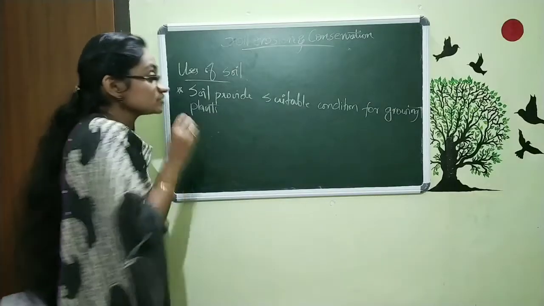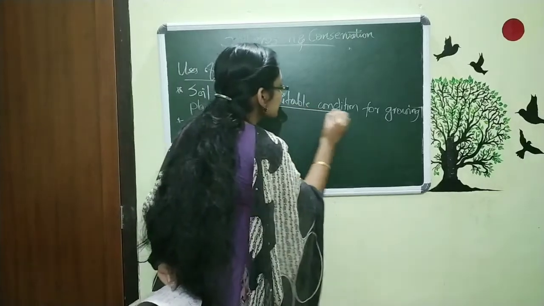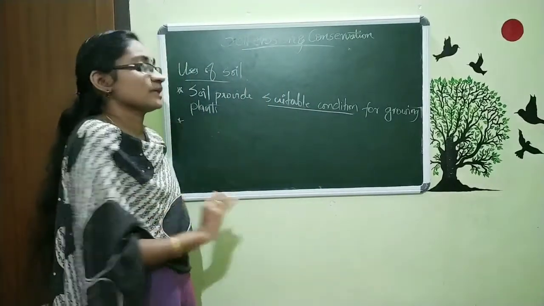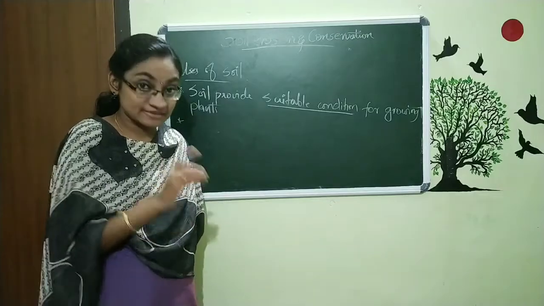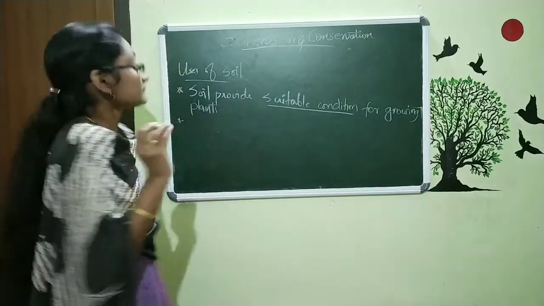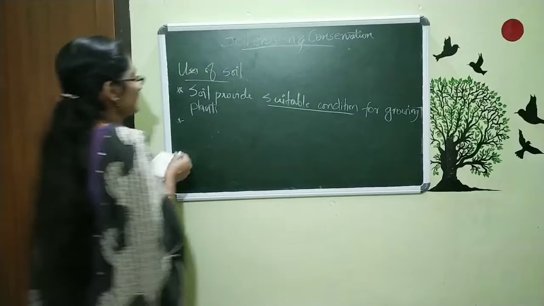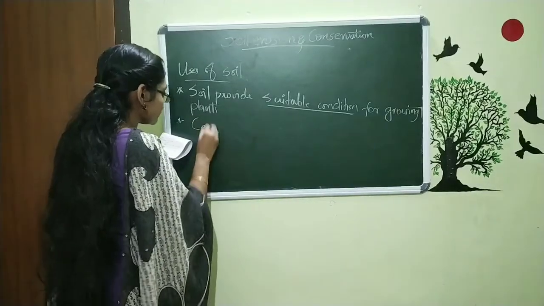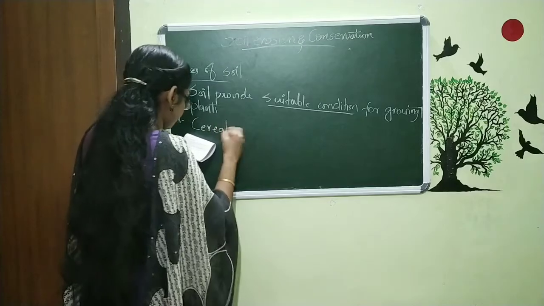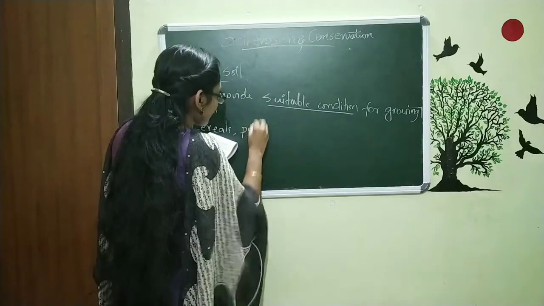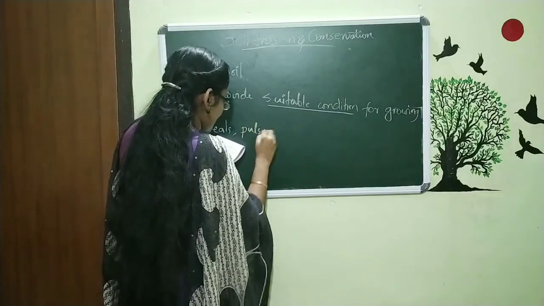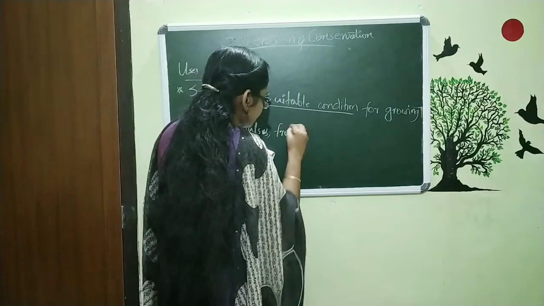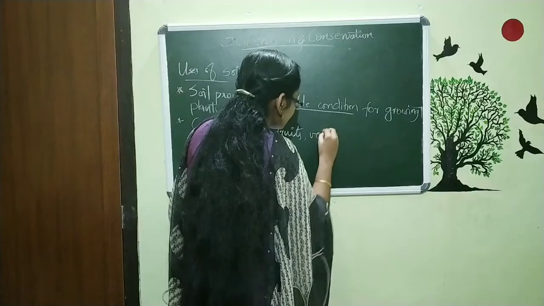Soil provides suitable condition for what? For growing plants, different types of plants. Which are the plants? That is mentioned in the second use: different food items like cereals, pulses, fruits, vegetables.